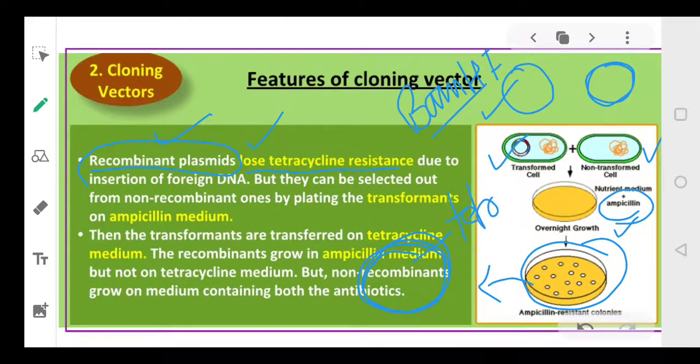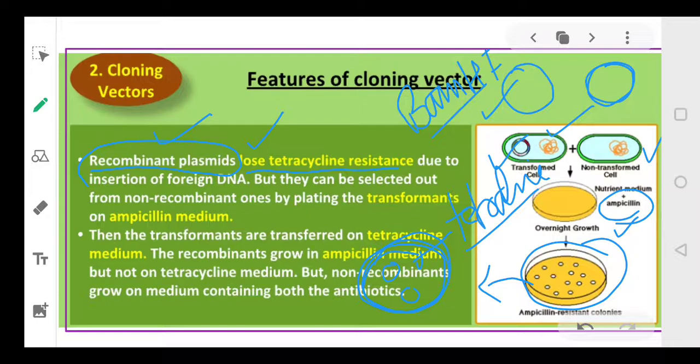अब हमने सभी सेल्स को एक ऐसे मीडियम में ट्रांसफ़र कर दिया है जिसके अंदर टेट्रासाइक्लिन मौजूद है, राइट. So when we transfer to tetracycline we will observe that the normal cells are able to grow in this medium, but the transformed cells are not able to grow in this medium, right.